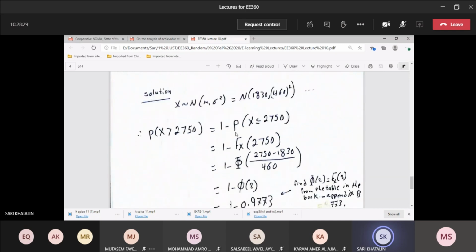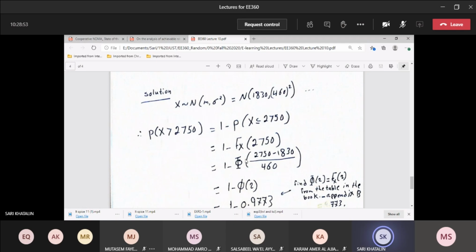So from here we can change it. Of course, the probability of x larger than 2,750 is equal to 1 minus the probability of x less than or equal to 2,750, which is the Fx, the CDF. So it's 1 minus the CDF.